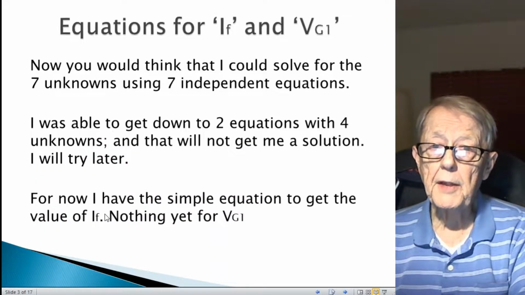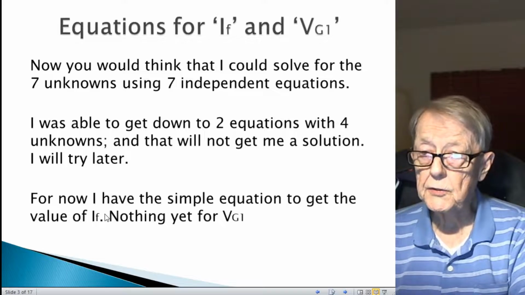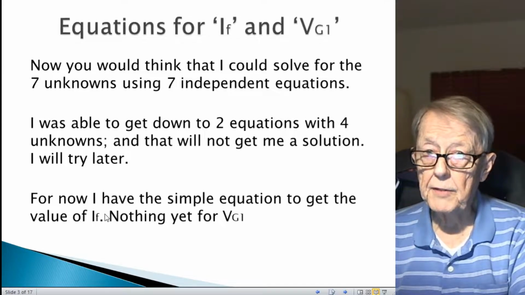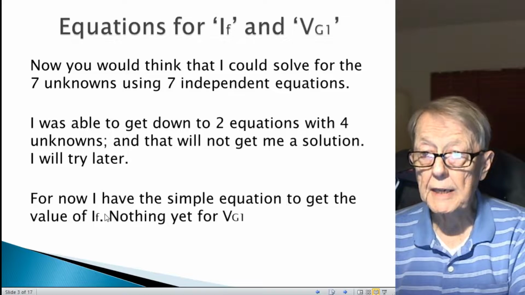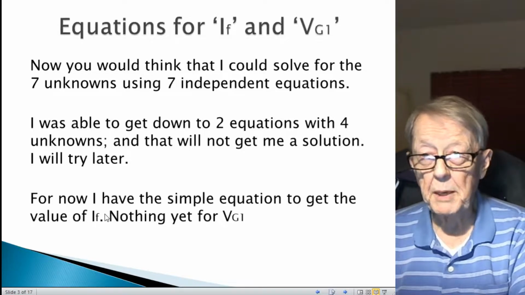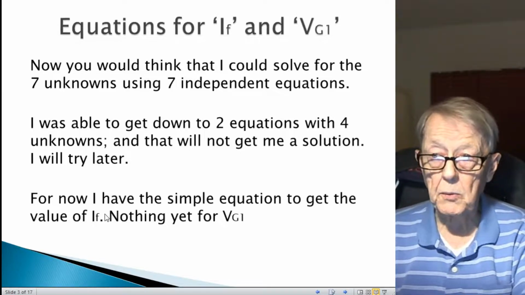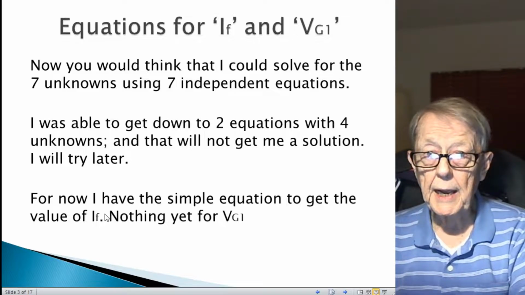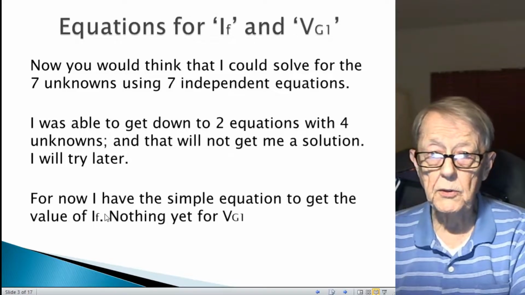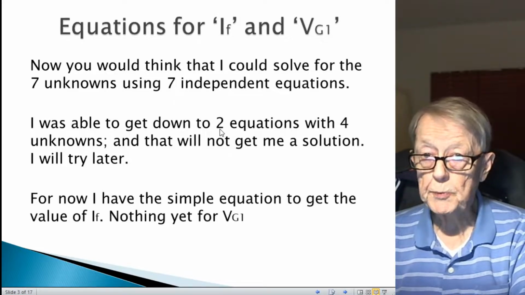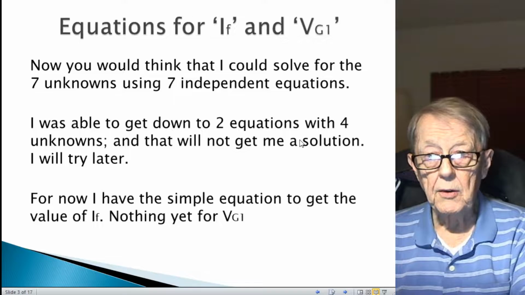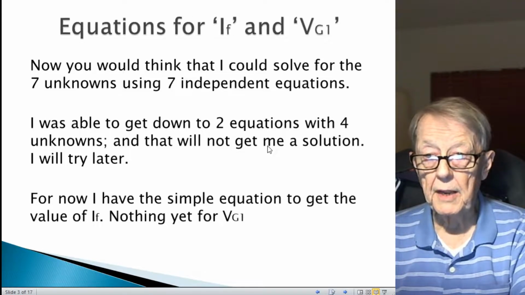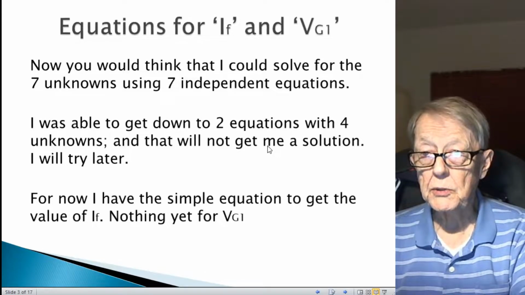Okay, so I then developed equations for I sub f and v sub g, and now you would think that I could solve for 7 unknowns using 7 independent equations. Maybe they weren't independent like I thought they were, but that's what I had, and that's what I tried to do. I was able to get these equations down to two equations, but I had 4 unknowns, and that will not get me a solution.